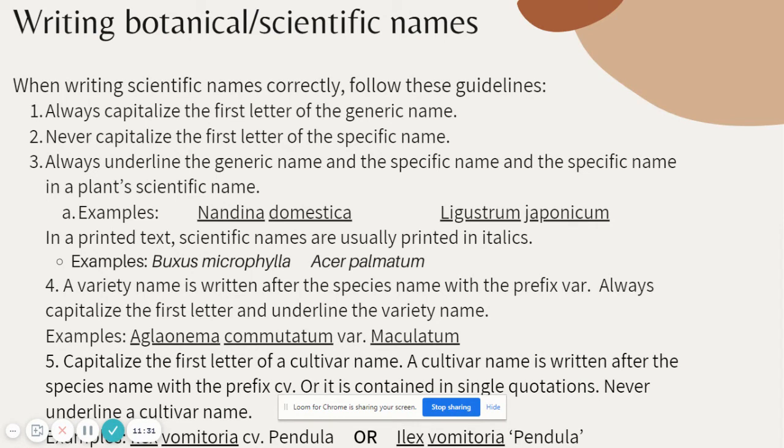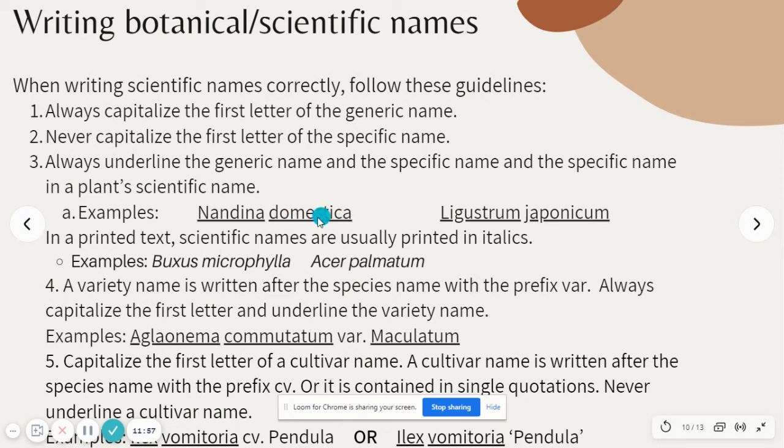So always make sure you're spelling it the correct way. So the 5 rules: number 1, always capitalize the first letter of the generic name. So you'll see in this example, Nandina, that is my genus. The N is capitalized. Number 2, never capitalize the first letter of the specific name.